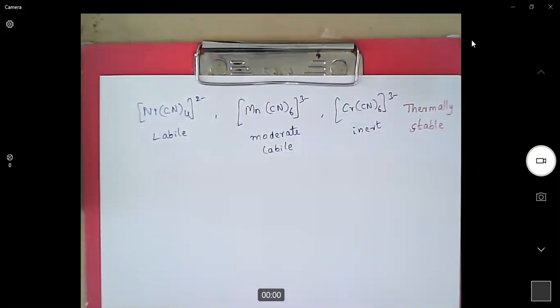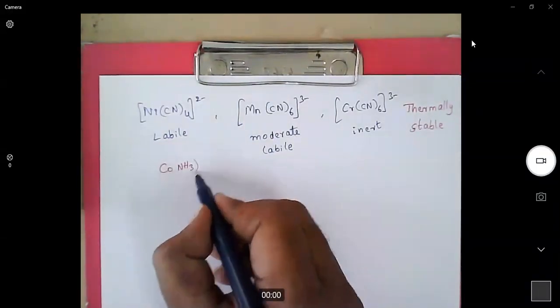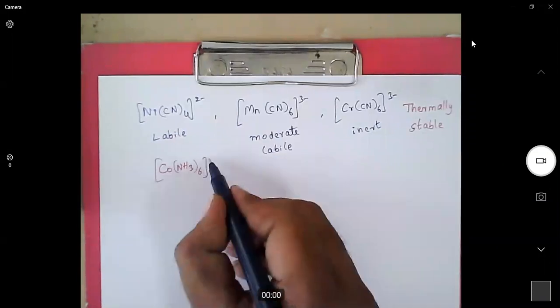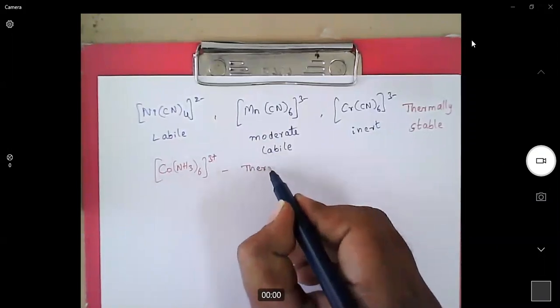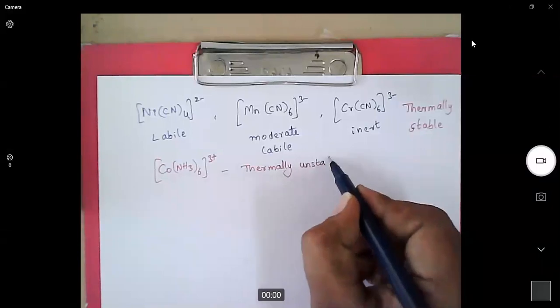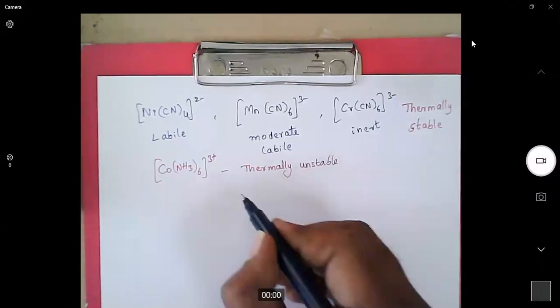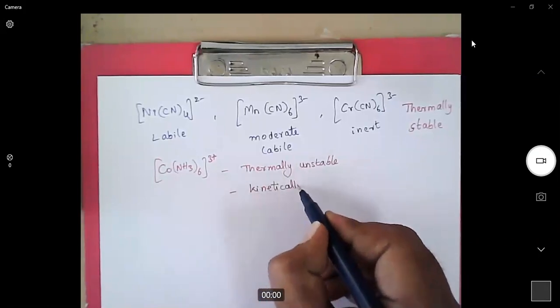Labile means which is involved in a reaction. Inert means which is not involved in a reaction. Thermodynamic stability is different. The hexaamminecobalt(III) ion is thermally unstable, but it is kinetically inert.